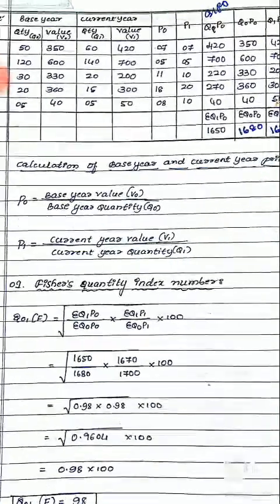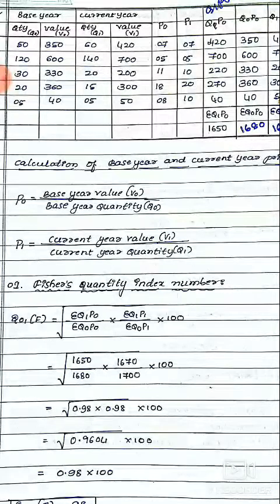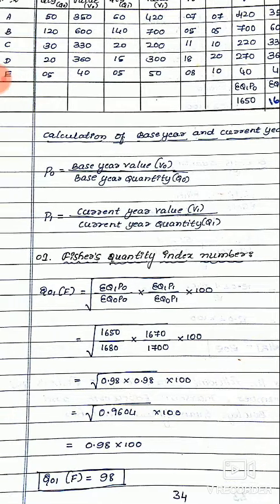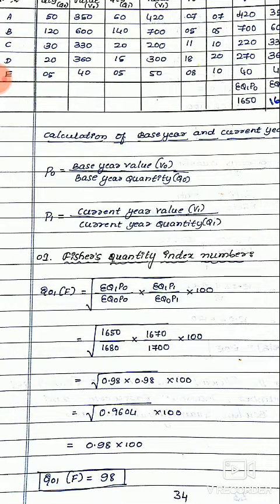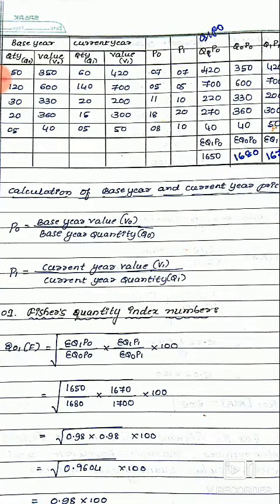Now what is the formula for P naught? P naught is equal to base year value divided by the base year quantity. Then here P1, that is current year price, is equal to current year value divided by current year quantity. Using these two formulas, we found P naught and P1.